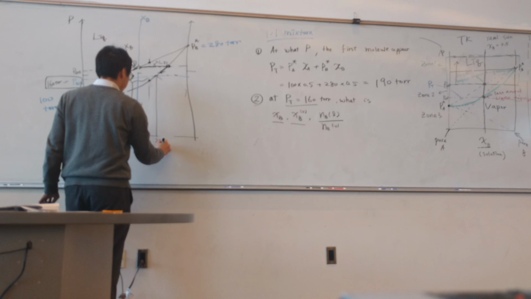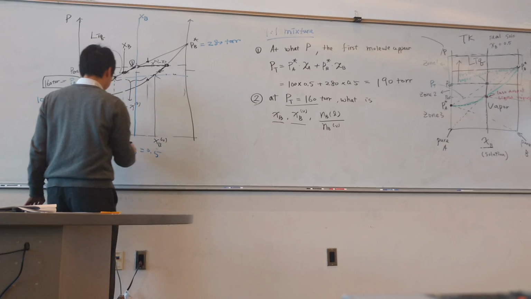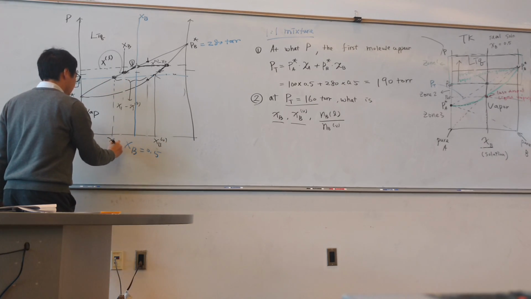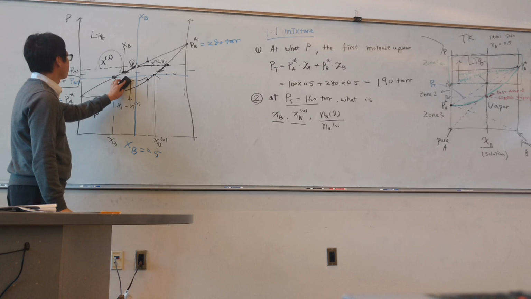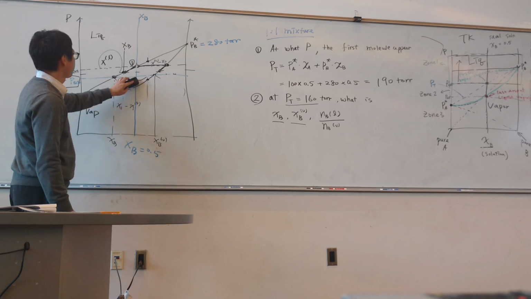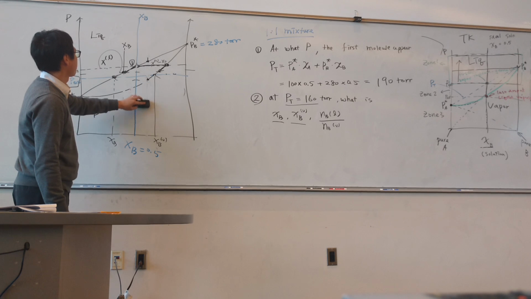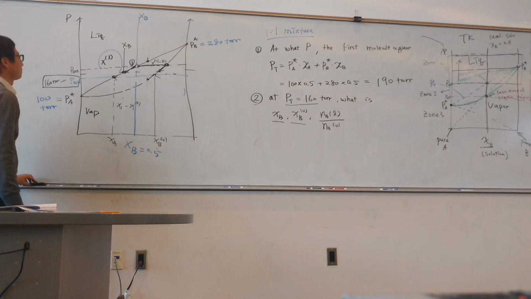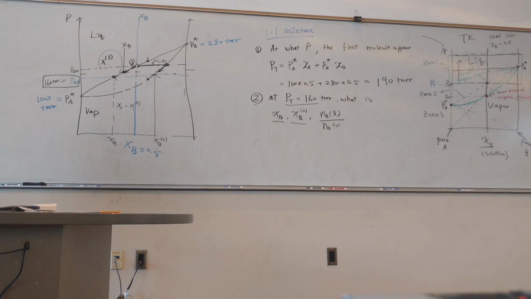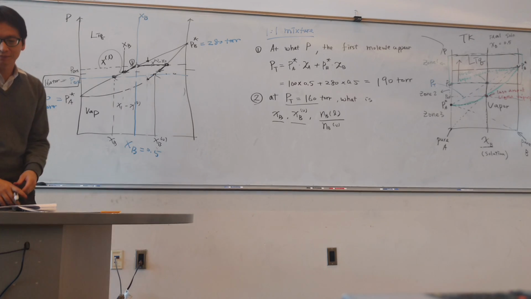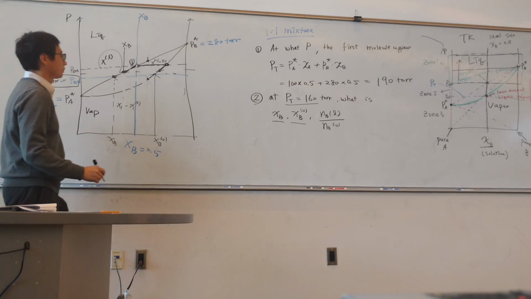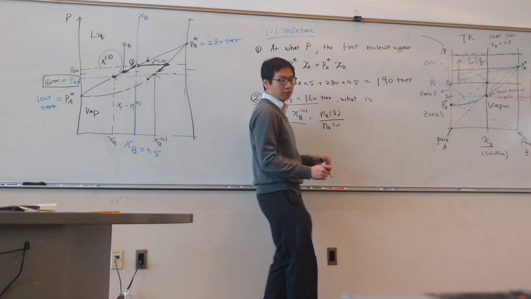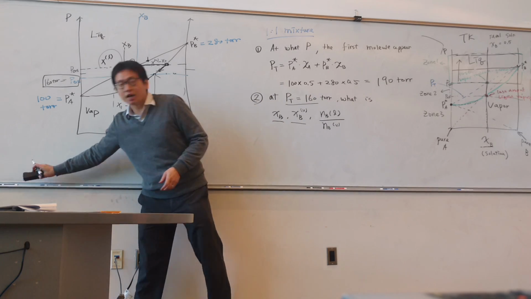Because this gives you the XB in the vapor, and this gives you the XB in the solution. So how do we calculate this? It is actually very simple to calculate XB, so we're going to calculate XB now.